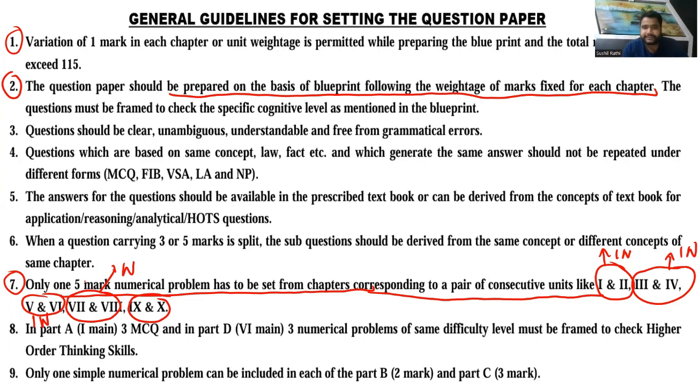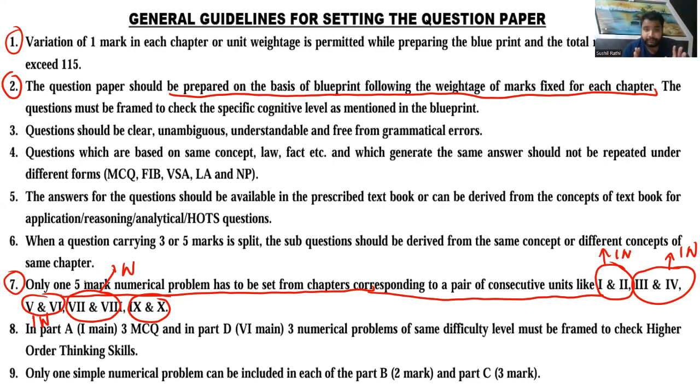So we are uncertain about the numericals, what they are going to ask, because they have told us that the numerical can be set based on the first and second unit, third and fourth, fifth and sixth, seventh and eighth, or ninth and 10th. And if you're lucky enough, the person who's preparing the blueprint may follow the same pattern, but we are not sure. There's a probability that the pattern will not come in the same manner.